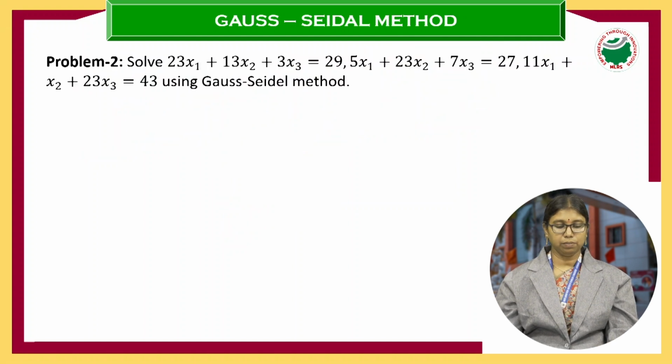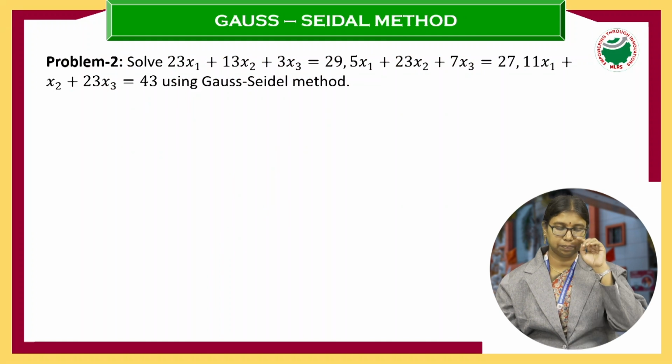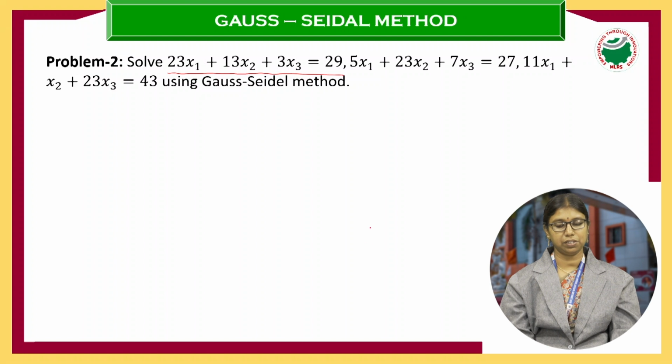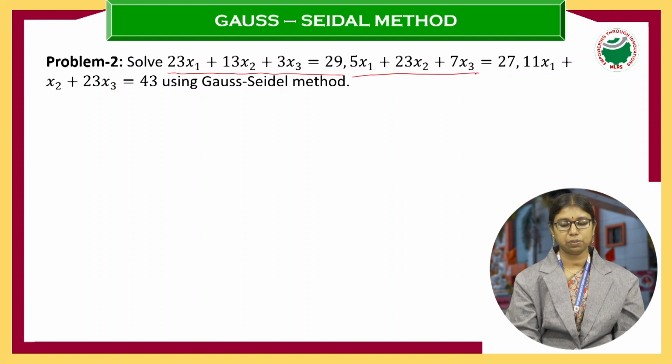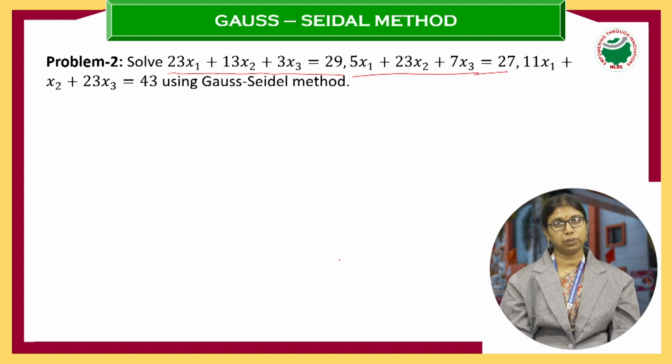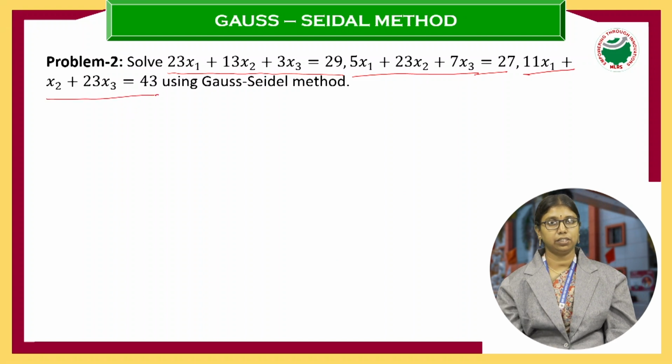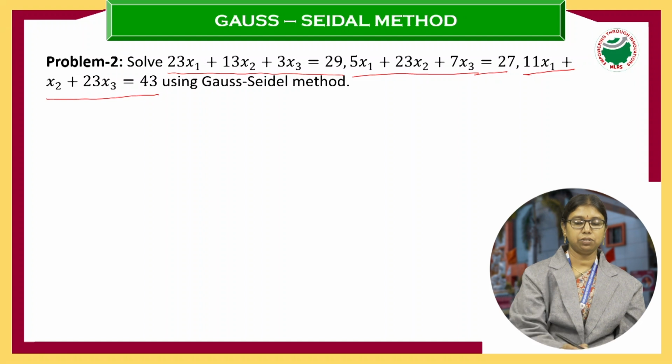That is another problem. So your next question is 23x1 plus 13x2 plus 3x3 equal to 29, 5x1 plus 23x2 plus 7x3 equal to 27, 11x1 plus x2 plus 23x3 equal to 43, using the Gauss Seidel method. First you take the equations.